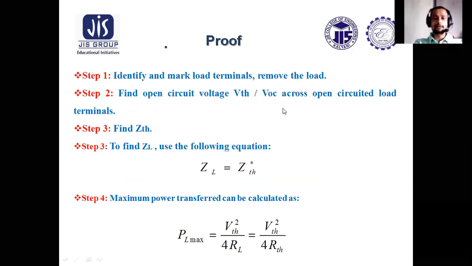Okay. Now let us discuss the steps which are involved to determine maximum power across a load, or to determine the load impedance for which maximum power will be transferred to the load side.